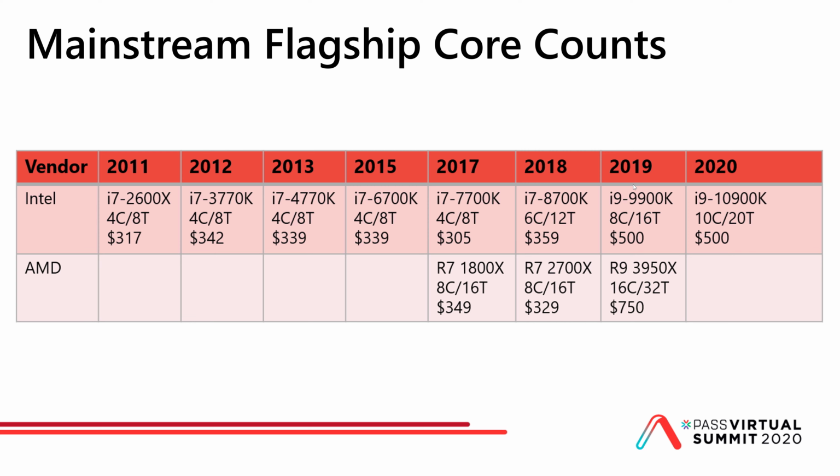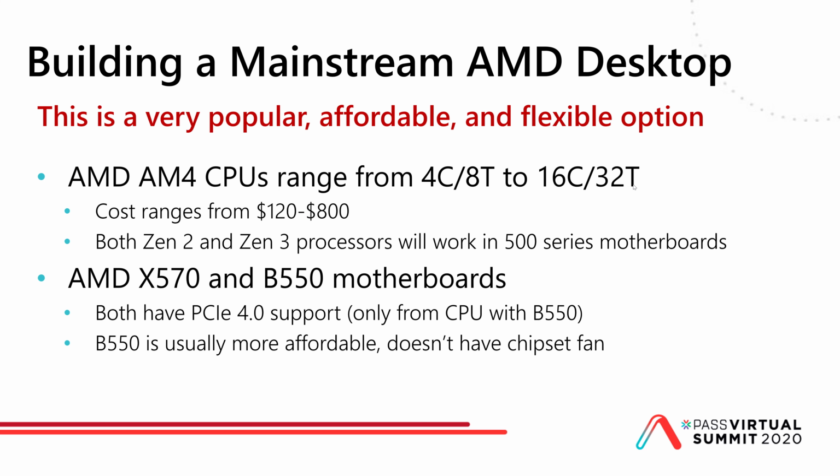And AMD back in 2019 went to 16 cores and 32 threads as their top of the line. So there's a big gap there in what you can do in a mainstream system if you look at AMD versus Intel. Building a mainstream AMD desktop is a very popular, relatively affordable, and very flexible option that I really like.